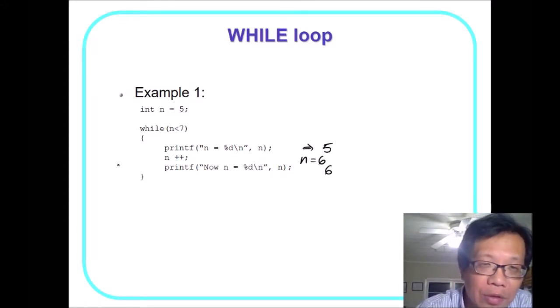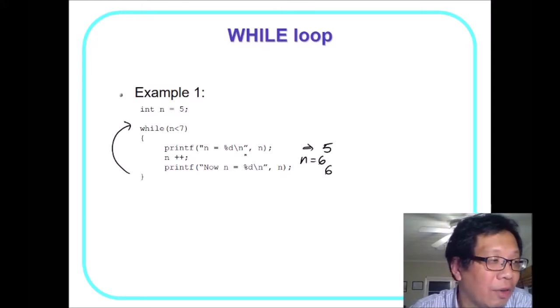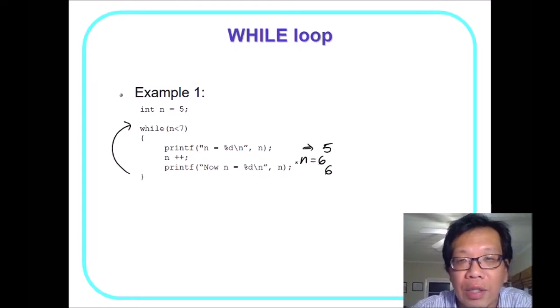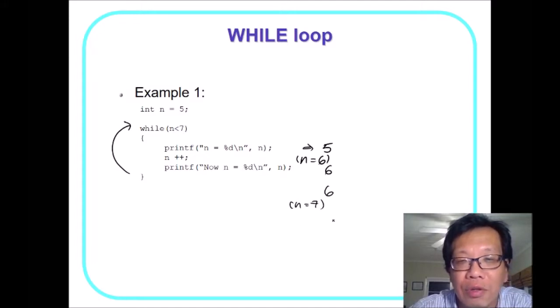Then we go back to this condition determination part. It's still smaller than 7, so I'm going to print out n first. So the next round I print out is still 6, but over here n has been increased by 1, so n becomes 7.